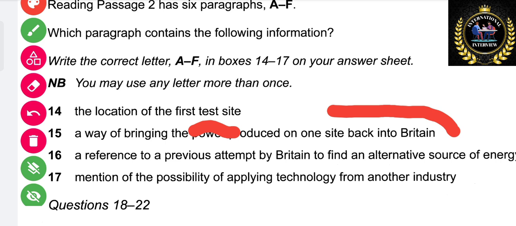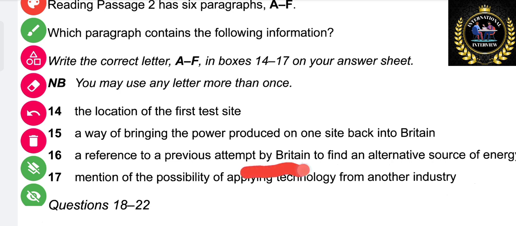Question number 16: reference to a previous attempt by Britain. Here the first keyword is previous attempt by Britain. Second, to find an alternative source of energy, so the second keyword is alternative source of energy. We are going to look for this answer in the paragraph.